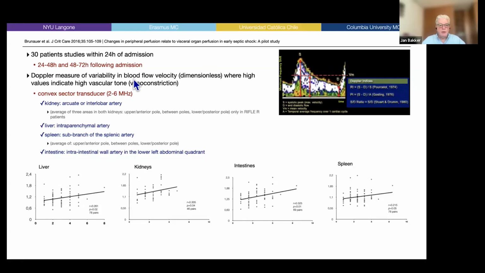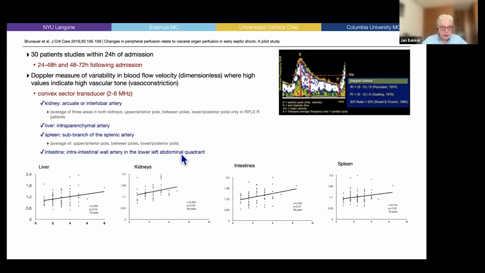And then with the Doppler measure of the variability in blood flow, we could assess the perfusion of the liver, the kidney, the intestine, and the spleen. And what we were interested in is what is the relationship between capillary refill time and this resistance index. And the higher the resistance index, the lower the flow.